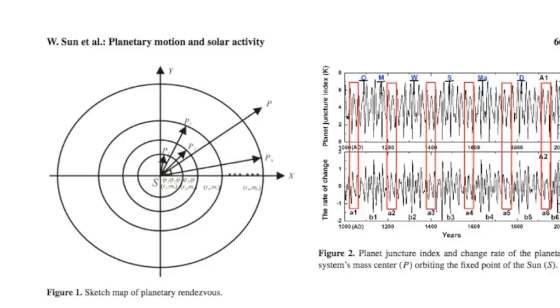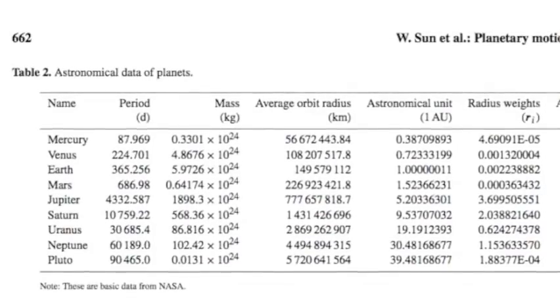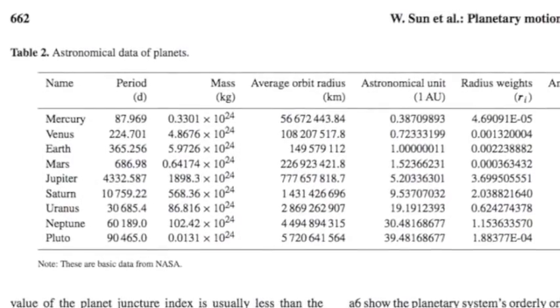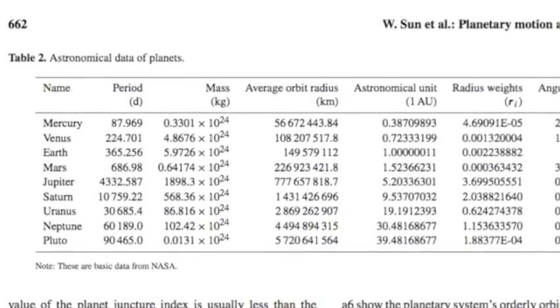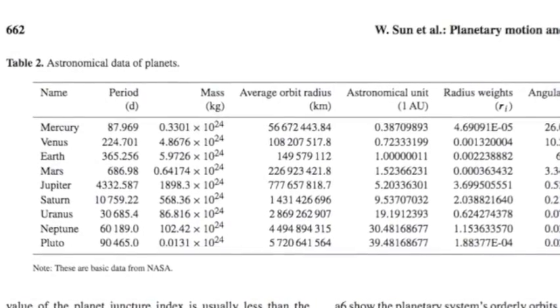The planet's juncture index and heliocentric longitude are two important kinematic indexes of the movement of the planetary system around the solar system's barycenter. The planet juncture index represents the distance between the planetary system's barycenter and the Sun's barycenter. This index also represents the degree of convergence and separation of the planetary system.